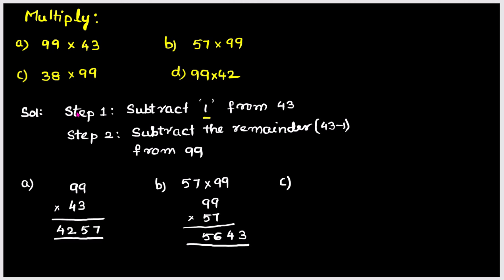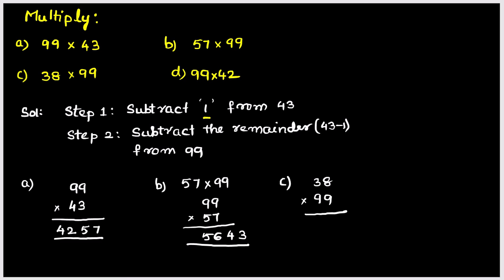Let us check the third one, 38 into 99. We can also write 99 into 38, or you can also write 38 multiplied by 99. Both are the same. So here the first thing we have to do, from 38 we have to subtract 1, and whatever remainder we get should be subtracted from 99.